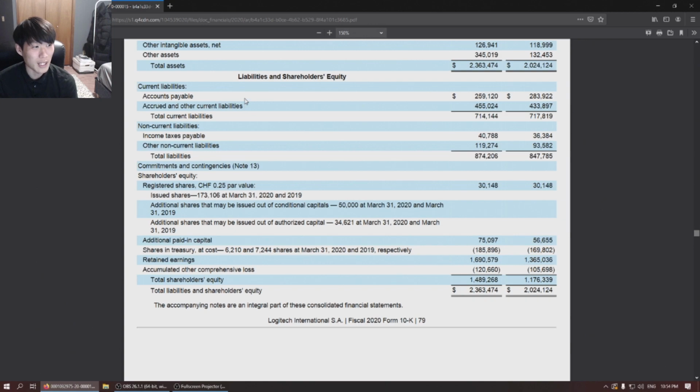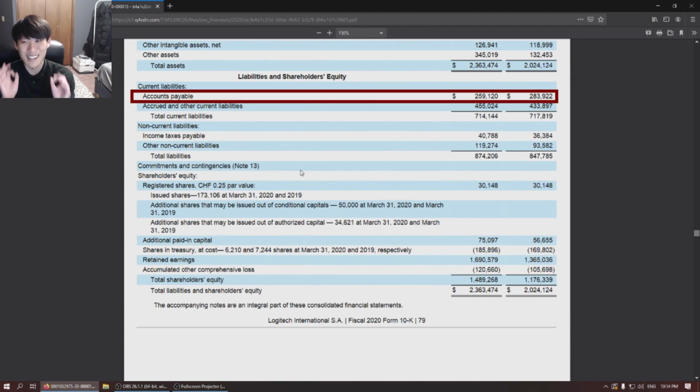I didn't realize it was this simple, but current liabilities are things that have to be paid within the next 12 months. So the opposite of current assets. Accounts payable is the opposite of accounts receivable. These are accounts that Logitech owes money to in the short term.